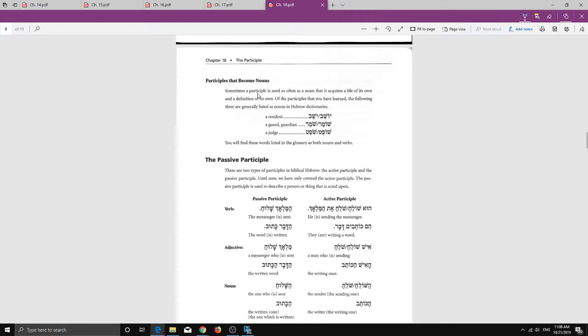Okay, now there are certain participles that are used so frequently and have become ingrained in such a way that they have become a word all by themselves. So here we have Yoshev could literally just be a residing one or the one who resides, something along those lines. But because that is used so frequently, here we have an English word that's just equivalent, a resident. Same thing, shomer.